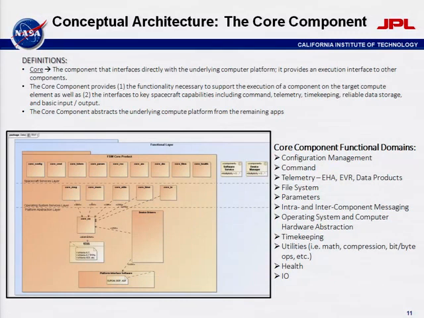So the core component provides the functionality necessary to support the execution of a component on the target compute element, as well as the interfaces to key spacecraft capabilities, including command, telemetry, timekeeping, reliable data storage, and basic input-output. So the core component abstracts the underlying computer from the remaining apps.